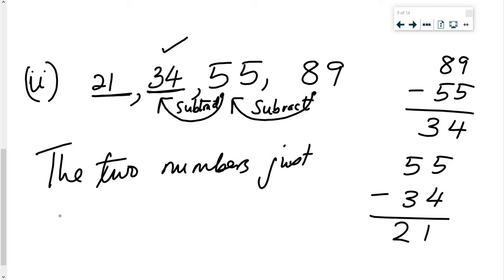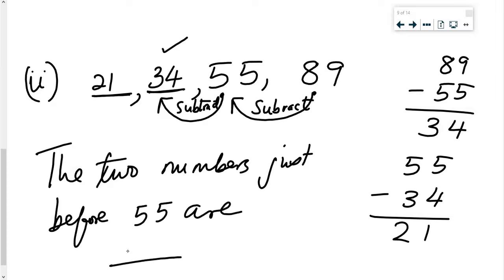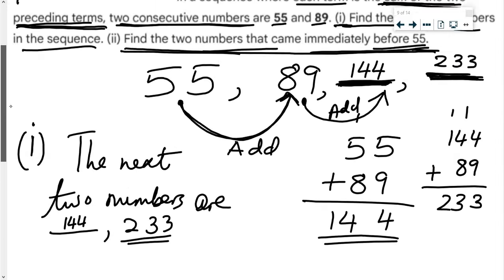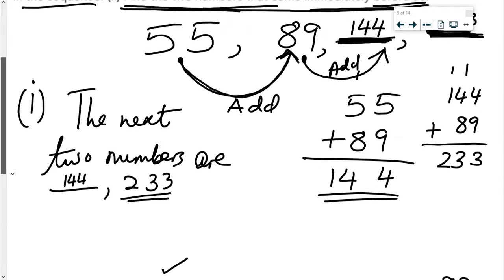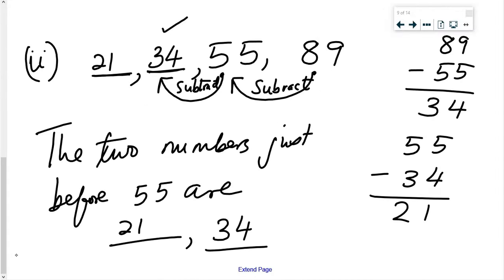That's all. So the two numbers that came immediately before 55 will be 21 and 34.